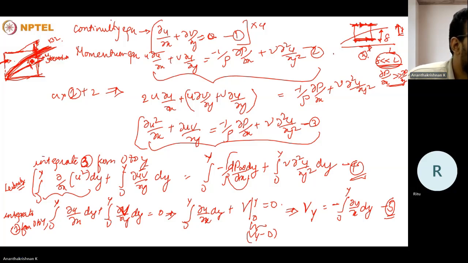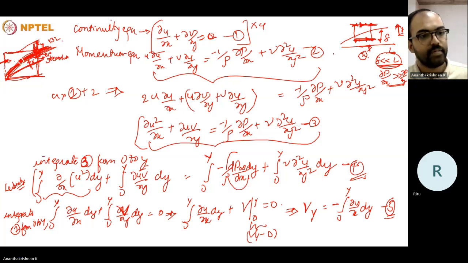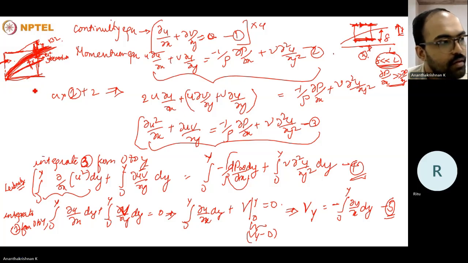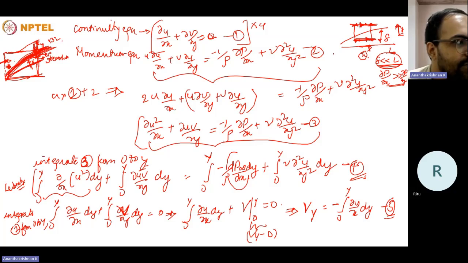So the velocity should slightly tilt upwards. If that happens, in addition to the x direction velocity, there should be a y direction velocity as well. This is because the boundary layer is not a streamline. So basically the definition of displacement thickness: the displacement thickness from here will not be the same as that of displacement thickness here.